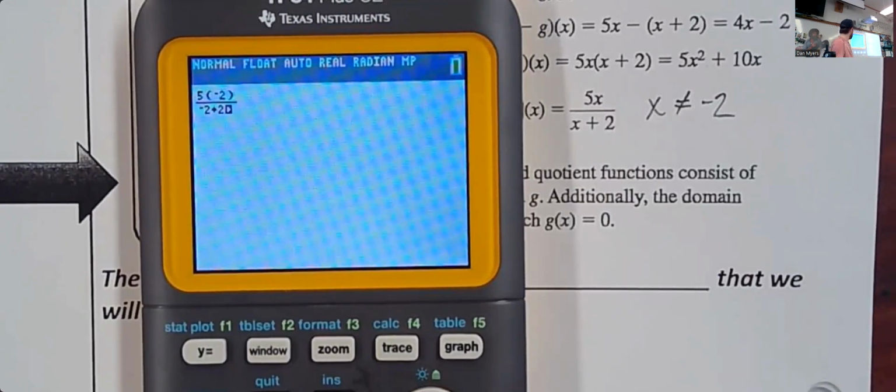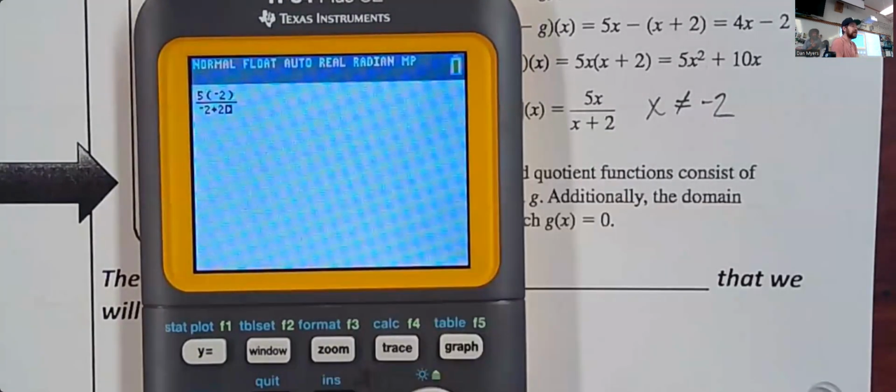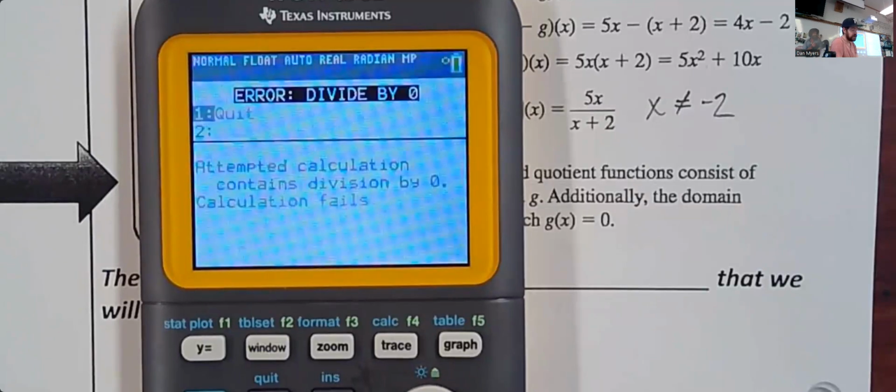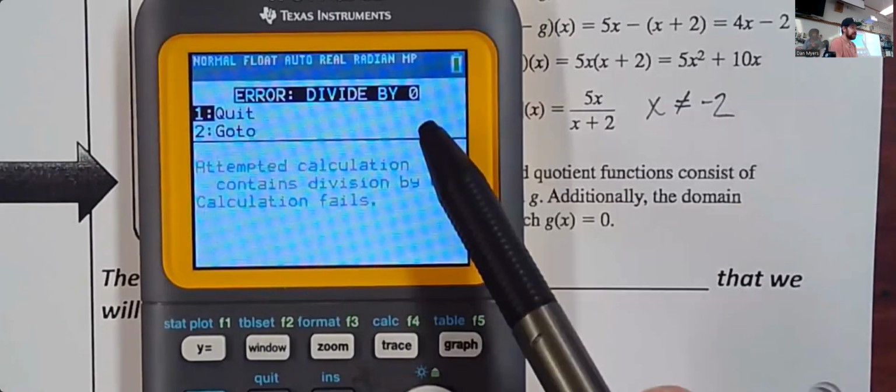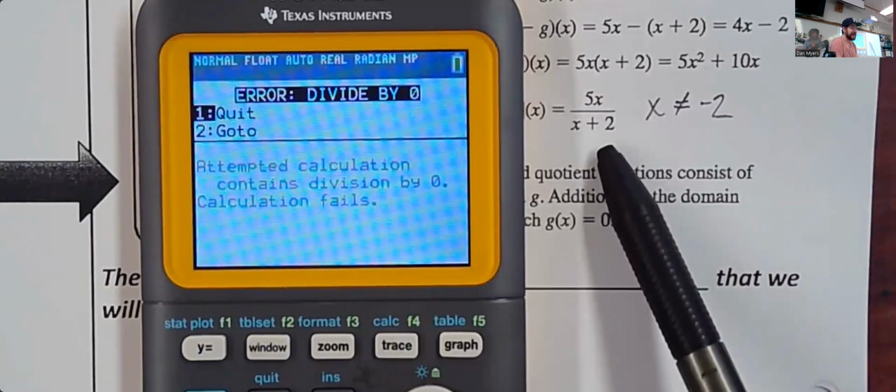So we're taking x and we're plugging in -2 for x. What happens? What does your calculator tell you when you do that? It says an error, yeah. It says an error divide by 0. Because if the denominator is 0, that doesn't work mathematically. You cannot divide by 0.